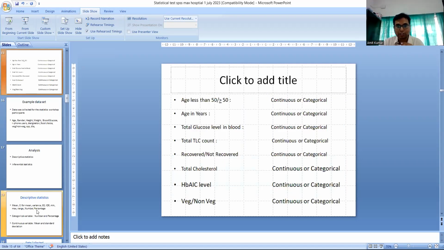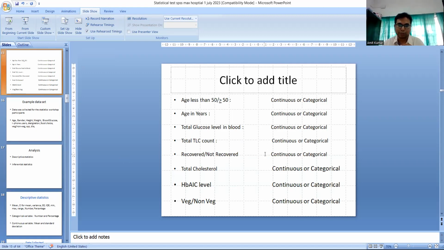For your exercise, I have some examples, and you have to tell me very quickly what type of variable these are. Number one is age less than 50 or more than or equal to 50. Which type of variable is it? Continuous? Any other opinion for this?